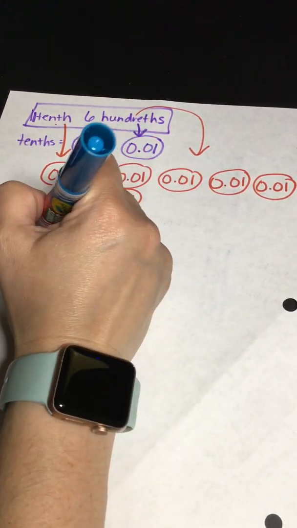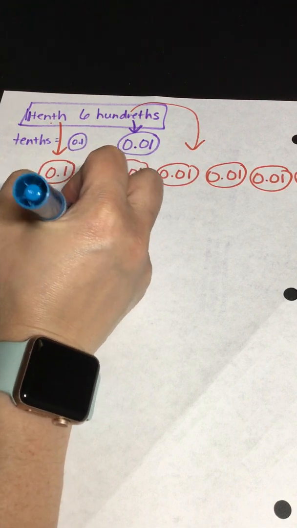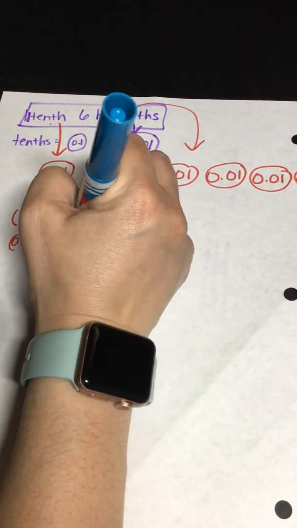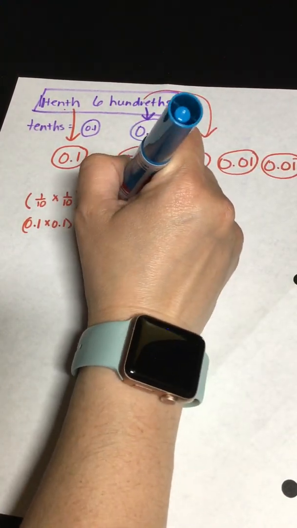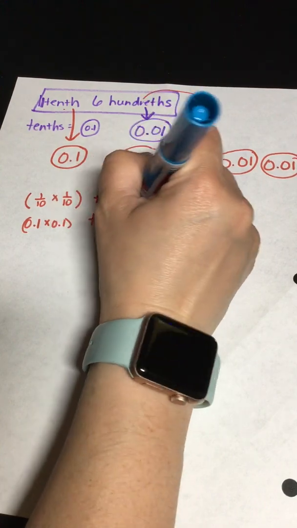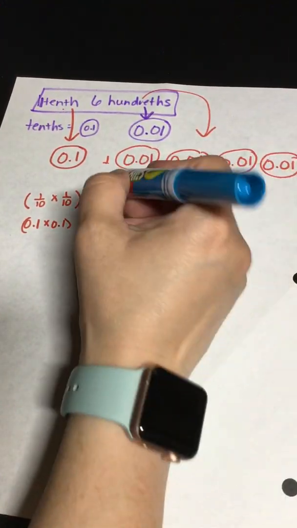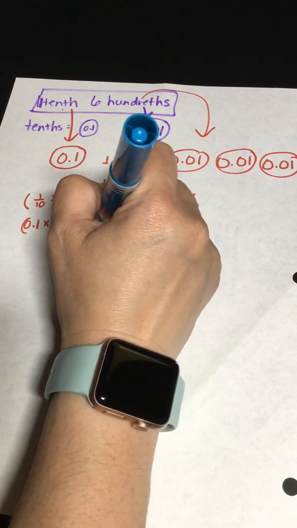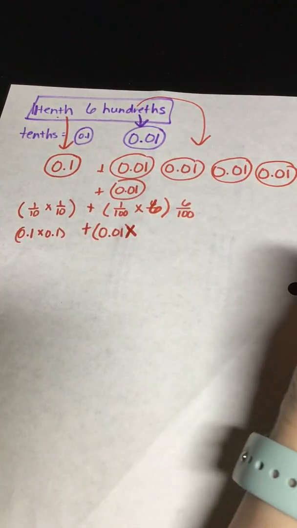If I put that in fraction, I'm going to do 1/10 times 1/10, or 0.1 times 0.1, plus, so I can show this in fractions, 1/100th times how many? 6/100, times 6, which would give me 6/100, or 0.01 times 0.06, all right.